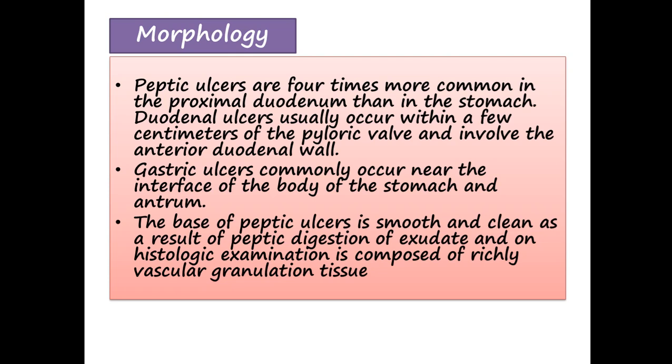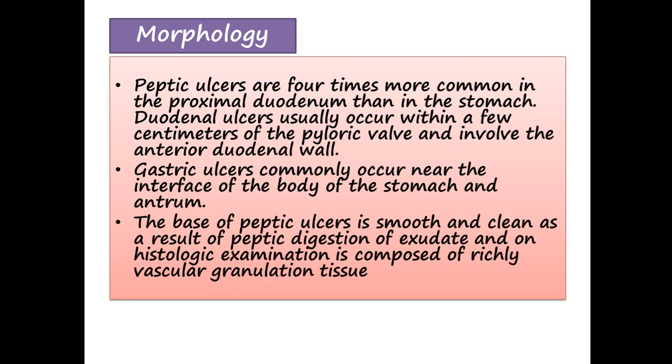And under the microscope, we can see different pictures in gastric and duodenal ulcers. In some situations, when there is an acute episode, we may see neutrophils or polymorphonuclear leukocytes. Since this is a chronic condition, mostly in the form of chronic gastritis, we may see chronic inflammatory cells, lymphocytes, plasma cells, monocytes, and macrophages at the base.